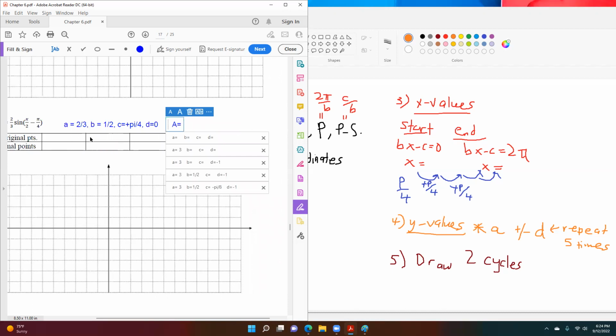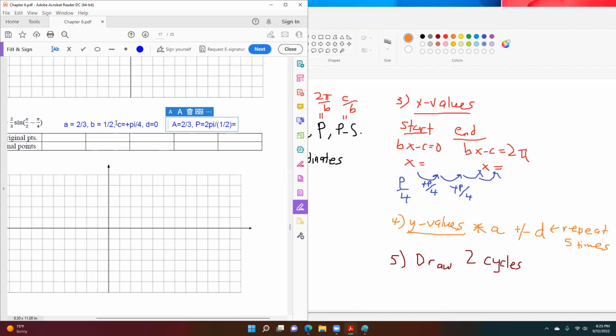The amplitude is the absolute value of A. So in this case, it will be 2/3. Your period in this case is 2 pi over B. Since our B is 1/2, or in this case 0.5, you need to divide.